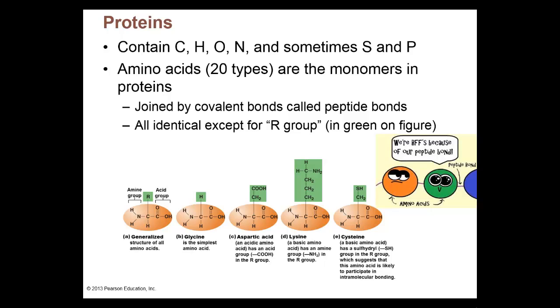Now, we don't just call these polymers. An amino acid by itself is an amino acid. When we string a bunch of them together, because this isn't on your notes, we call this a polypeptide. Poly meaning many. Peptide has to do with proteins and amino acids.